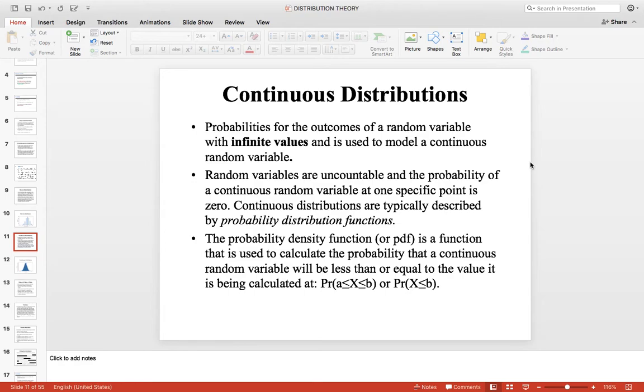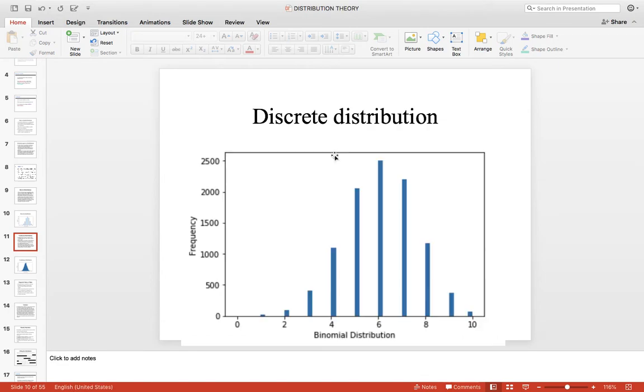So whenever the values are infinite, you use continuous distributions. The random variables are uncountable, and the probability of a continuous random variable at any specific point is 0. Continuous distributions are typically described by probability distribution functions. So please make a note of this.